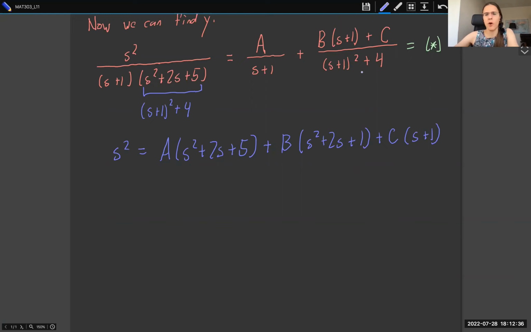And this is all over the common denominator. And I can rewrite this as, if I look at the s squared term, I have a plus b s squared. Then I have 2a plus 2b plus c, s, and then I have 5a plus b plus c.